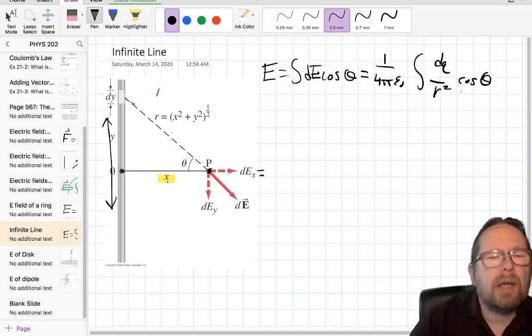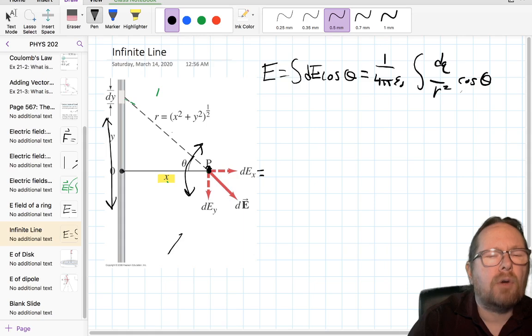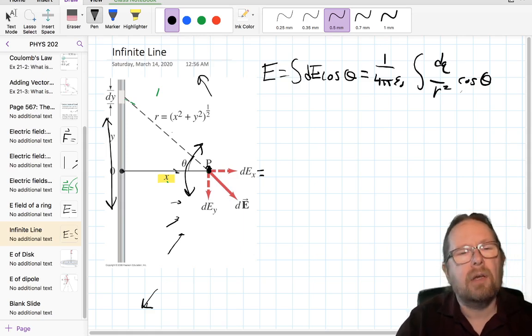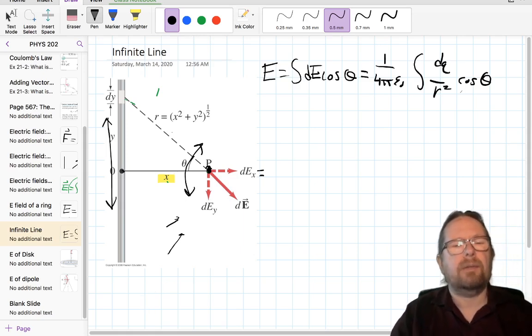Your book does it as a theta integral, imagining adding up the electric field at this point, due to all these contributions as you change theta, looking at the end of the line infinitely far in that direction and the end of the line infinitely far away in that direction. We'll see how the integral works in that situation.